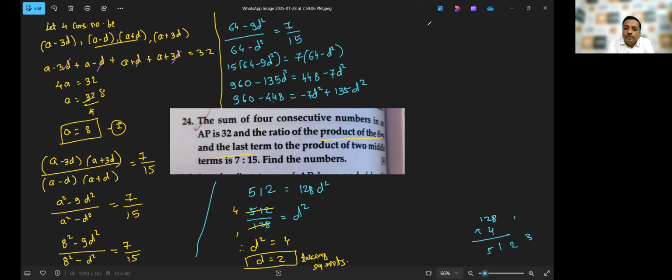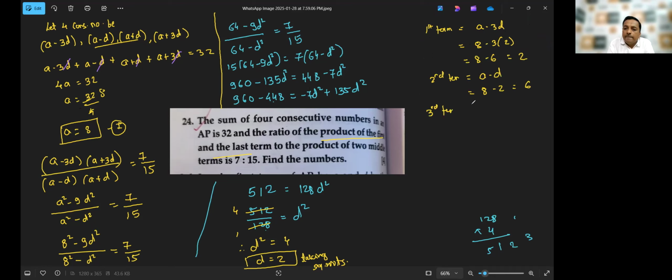तो फर्स्ट टर्म क्या थी? a minus 3d. Value of a is 8 minus 3 and d की वैल्यू आई 2. So 8 minus 6, that one is 2. Second term, that one is a minus d. 8 minus 2, that is 6.